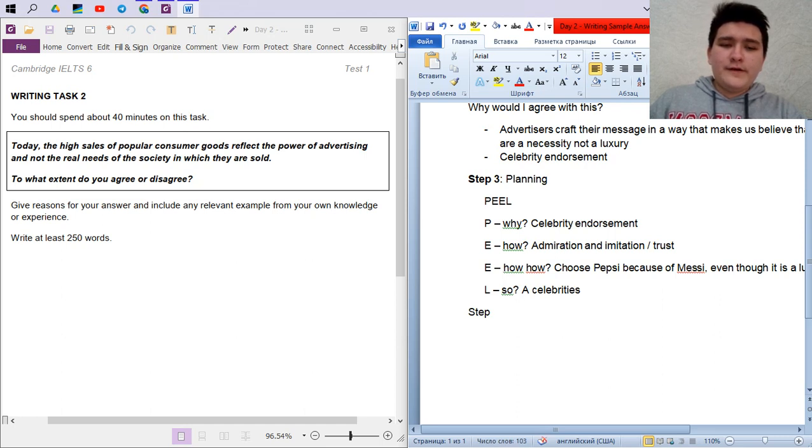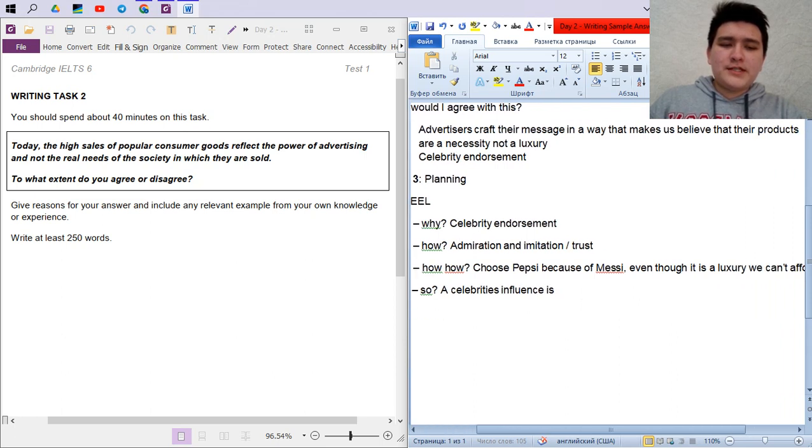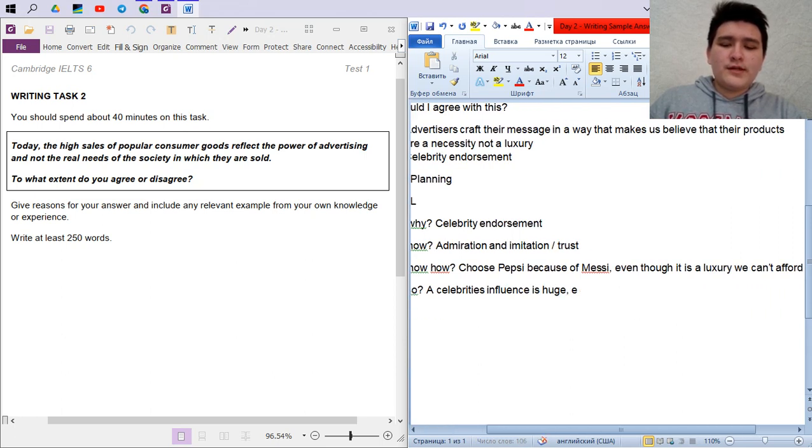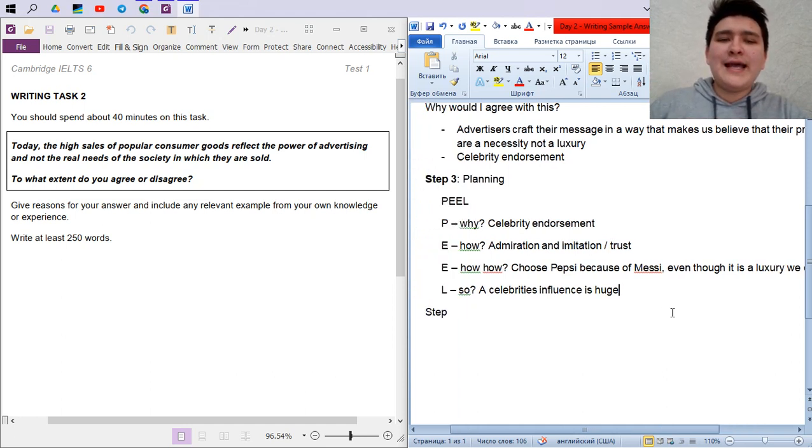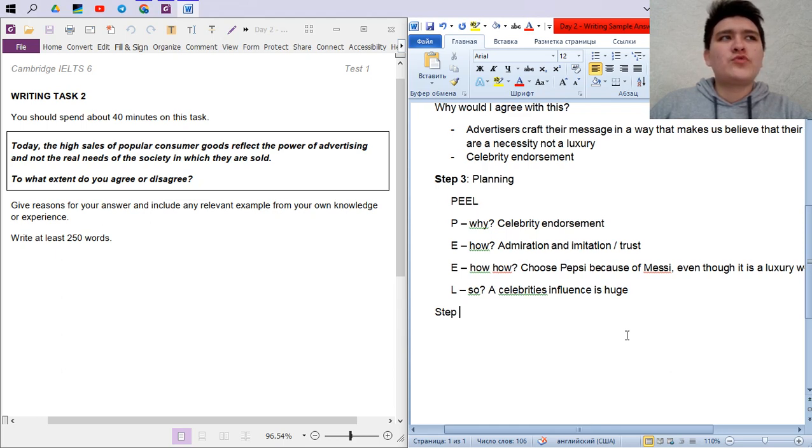A celebrity's influence is, let's say, huge, even if it means you can even risk your health and do it like that, right? So yes, and then you would drink something regardless of whether it's harmful or not.